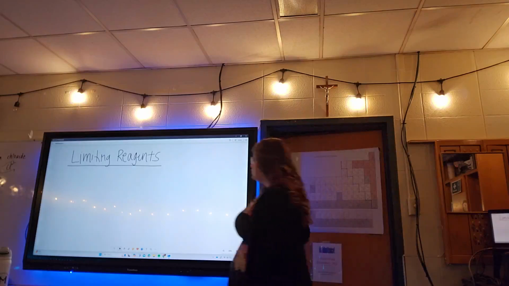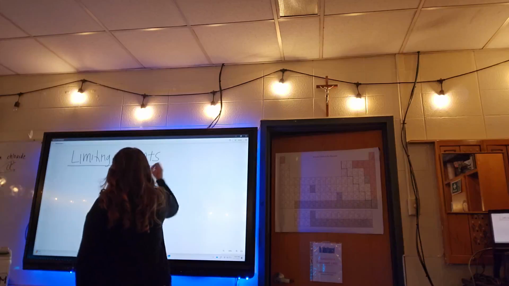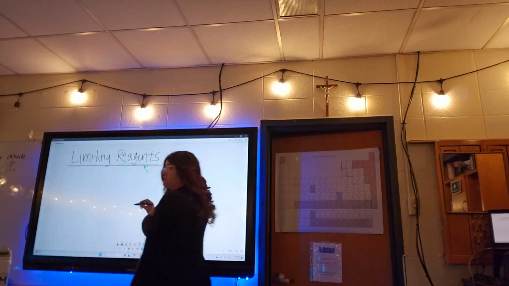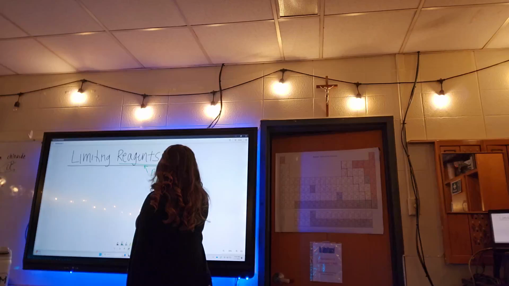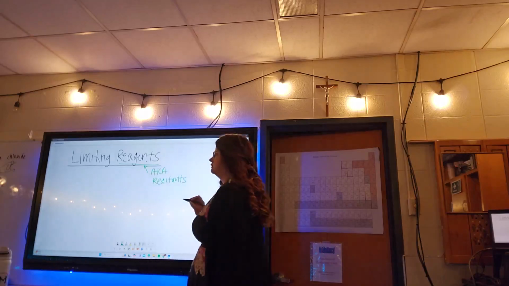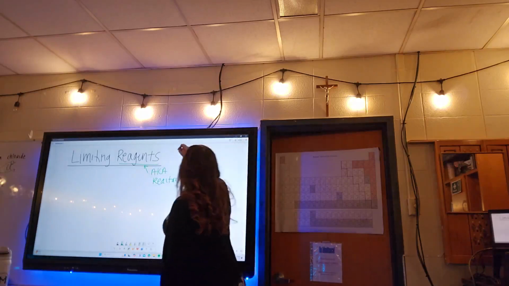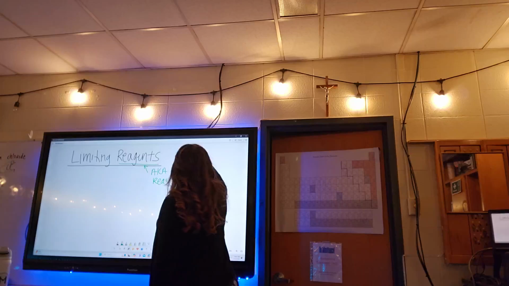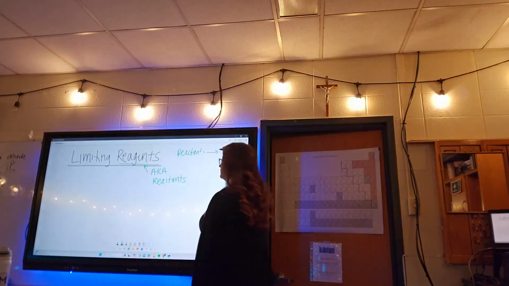Okay, so limiting reagents. What does the word reagent mean? A reagent is the same thing as a reactant. Reactants are found on what side of the reaction arrow? Left or right? Left. Right, so reactants react and form what's the other thing called?